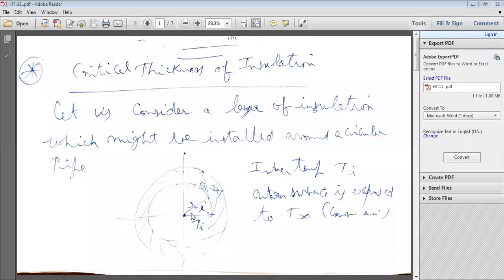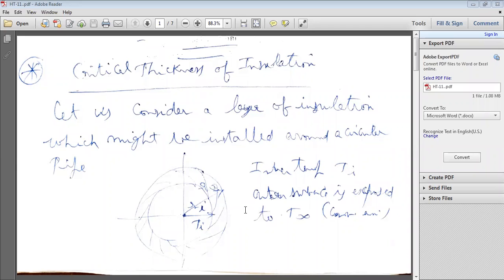So if heat transfer rate Q is flowing along the radius, then through the insulating material the mode of heat transfer is conduction, and outside the insulating material the heat transfer is through convection.